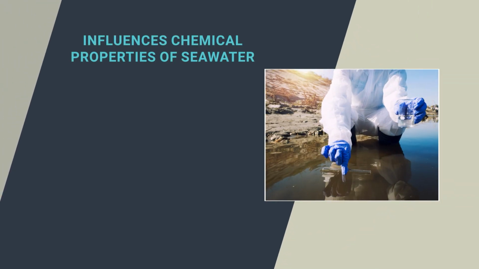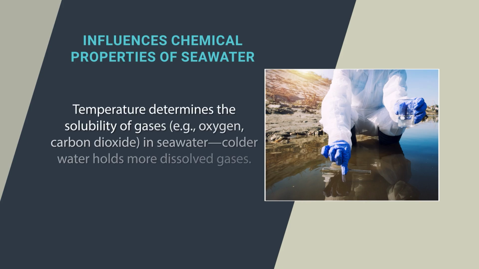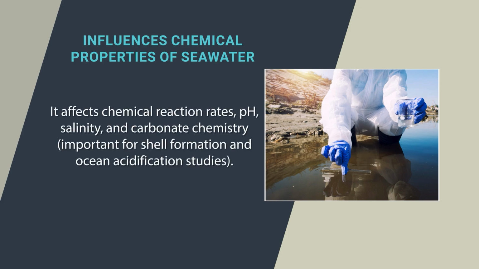Ocean temperature also influences the chemical properties of seawater, like temperature determines the solubility of gases, for example, oxygen, carbon dioxide, etc., in seawater, and colder water holds more dissolved gases. So, temperature affects the chemical reaction rates, pH, salinity, and carbonate chemistry.